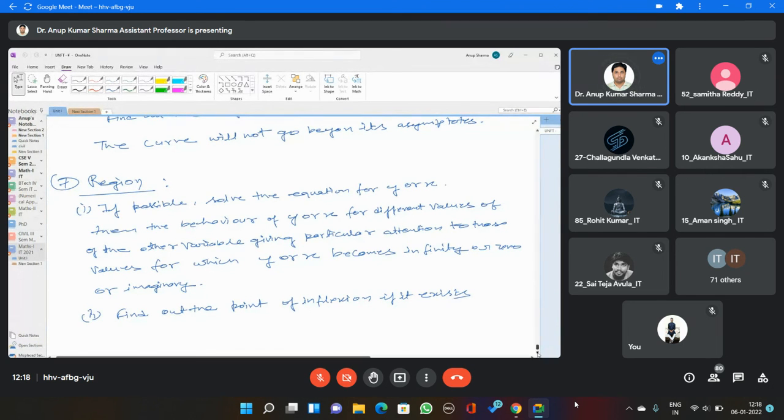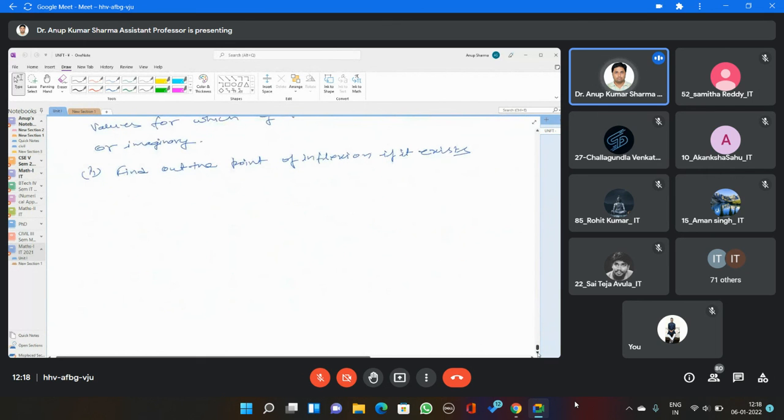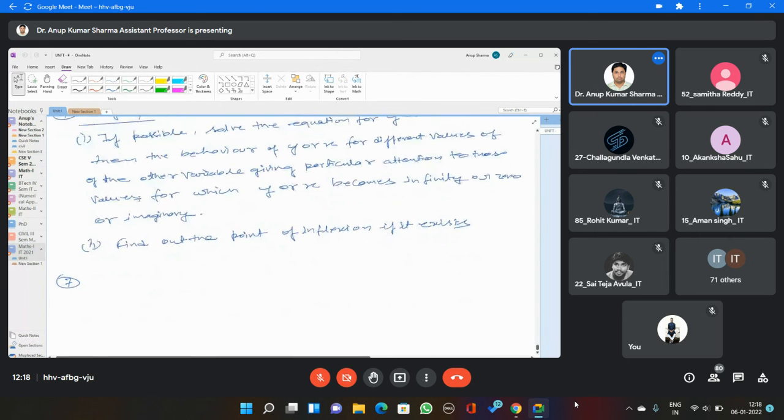Okay, the point where the curve changes its direction. And the last point I'm writing, that is the special points.